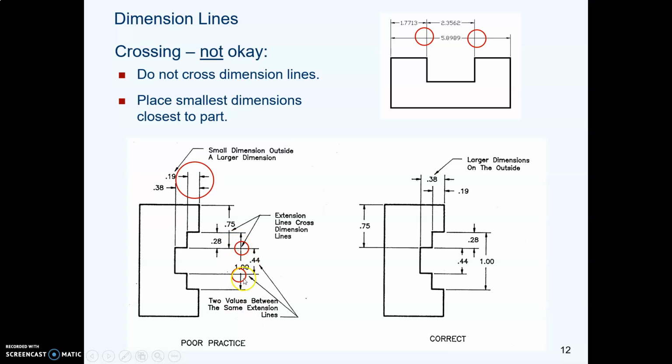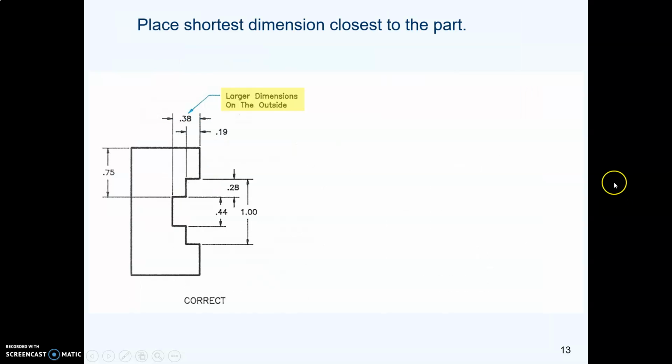Down here at the bottom, this dimension line is crossing over some extension lines, and believe it or not, this one up at the top is also crossing, for the reason that the 0.38 dimension has the arrows flipped outside, but if you ran the dimension line all the way through without flipping them, you'd see, oh yeah, that does cross also.